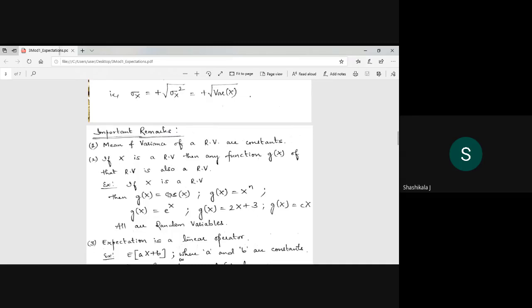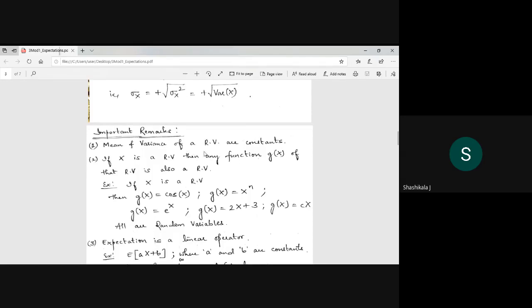The mean and variance of a random variable are constants. When you find the mean, it should be a constant value, and if the mean is constant, the variance is also a constant value. It is not a varying one.